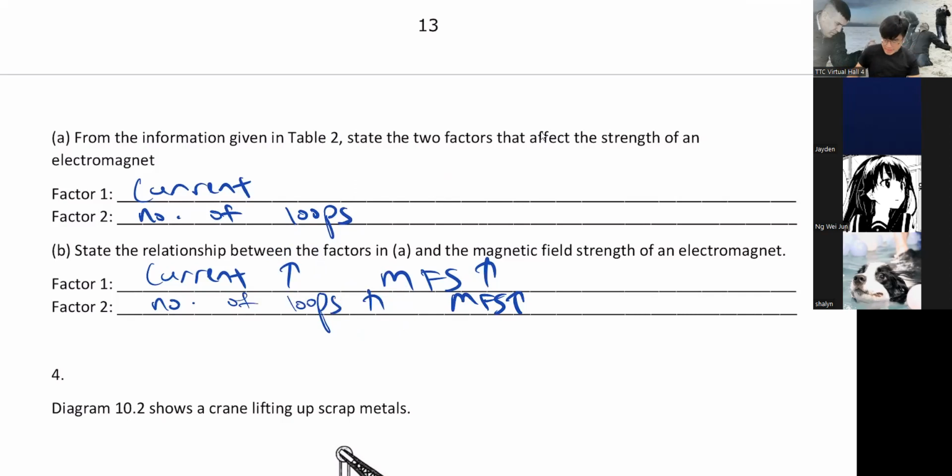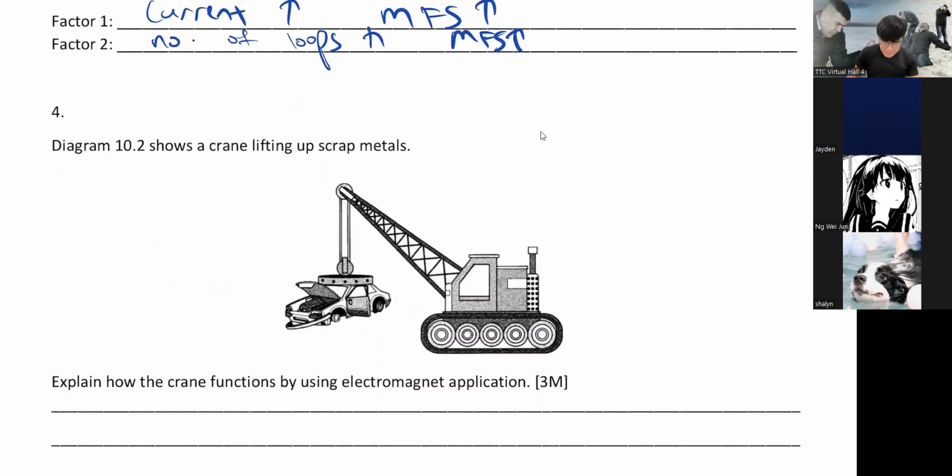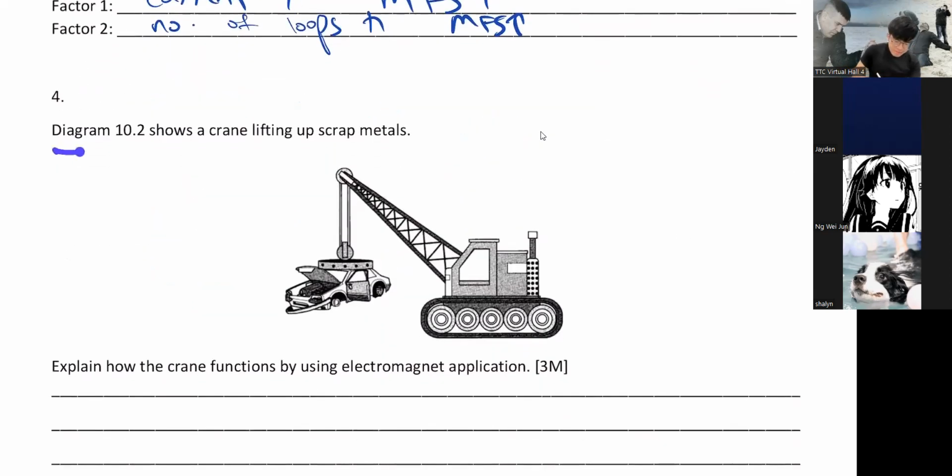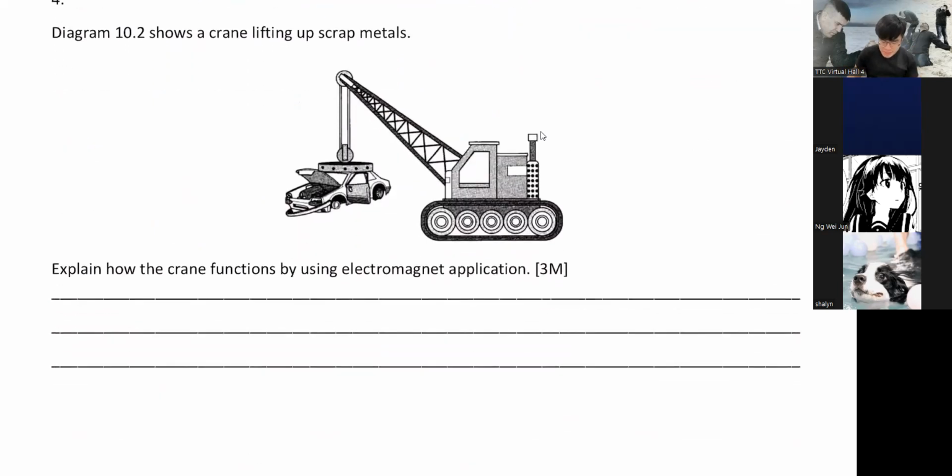Right. Next, number 4. Diagram 10.2 shows a crane lifting up scrap metals. Explain how the crane functions by using electromagnet application. So how does this function using an electromagnet? This is an electric circuit.